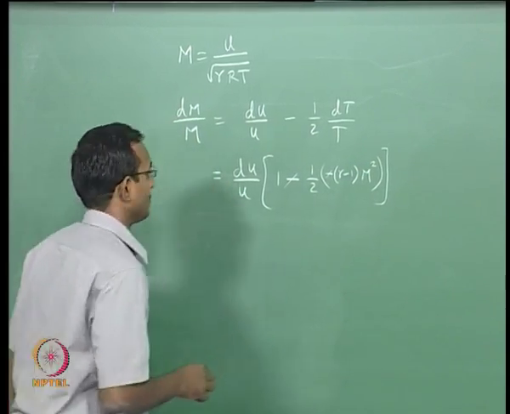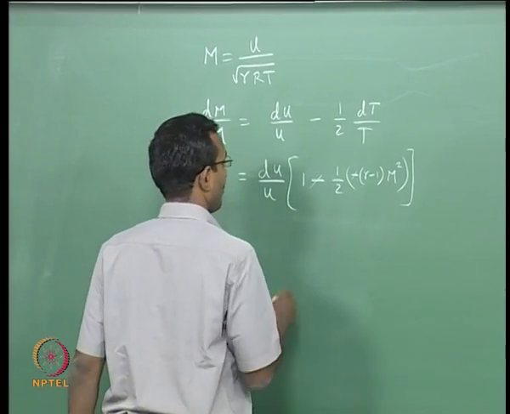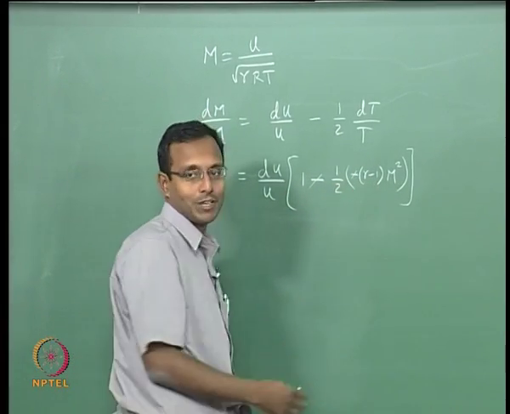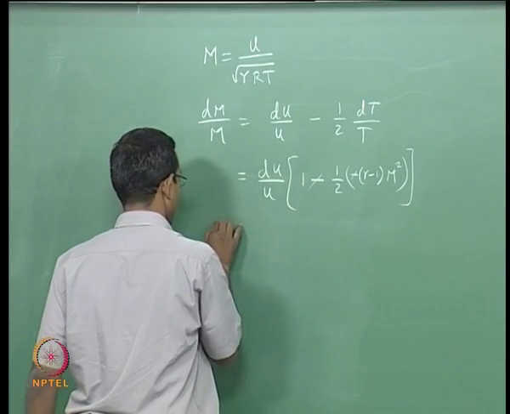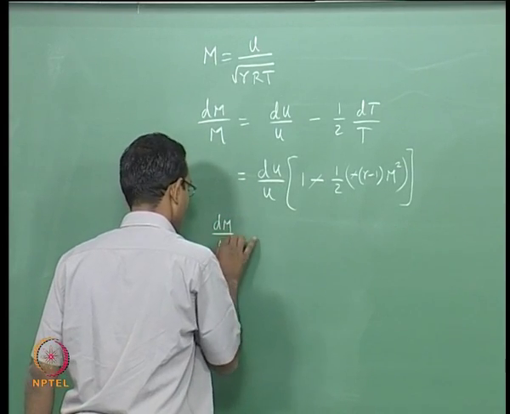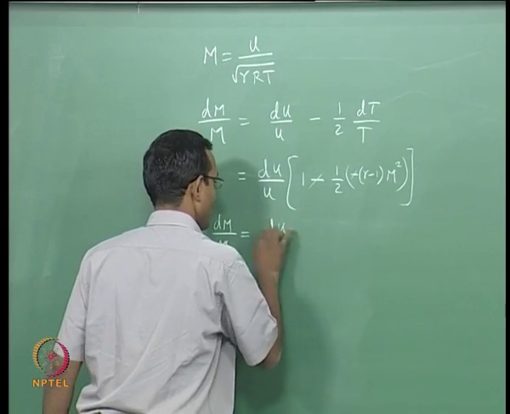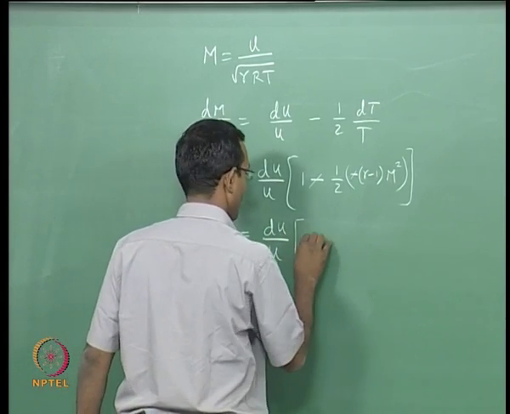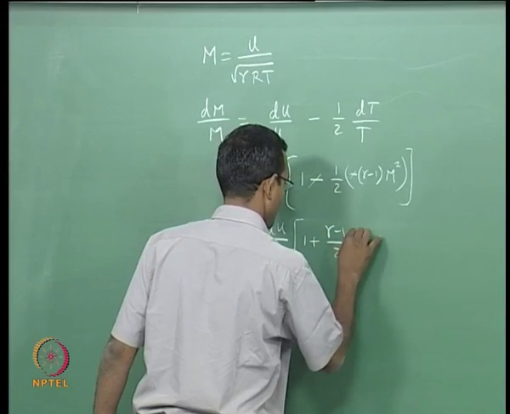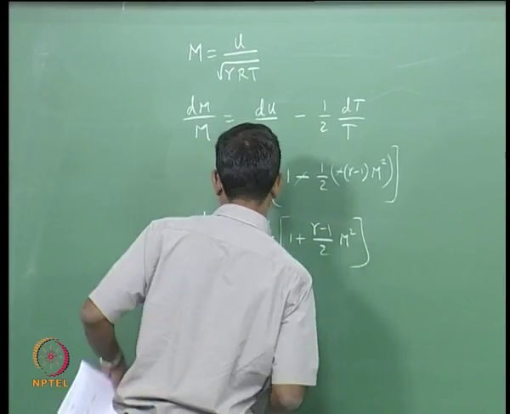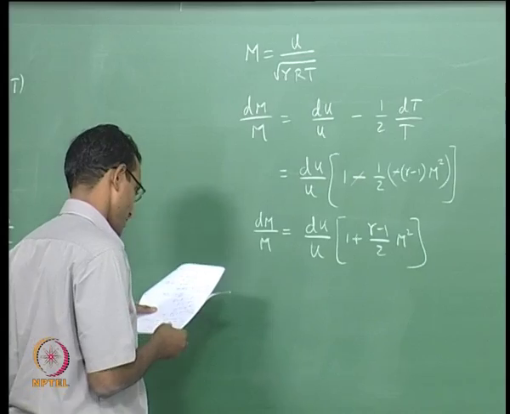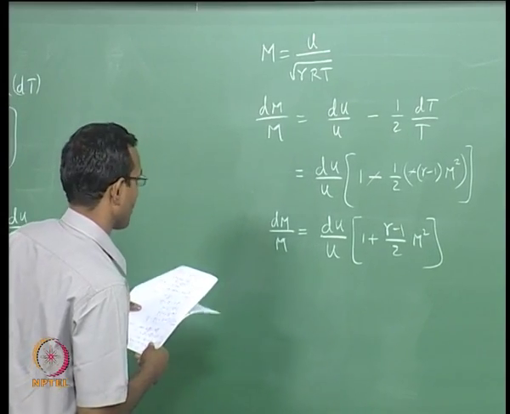Now, if I look at it, 1 plus gamma minus 1 by 2 M square you are getting. So, dM by M equal to du by u into 1 plus gamma minus 1 by 2 M square. This is the next term you are having.